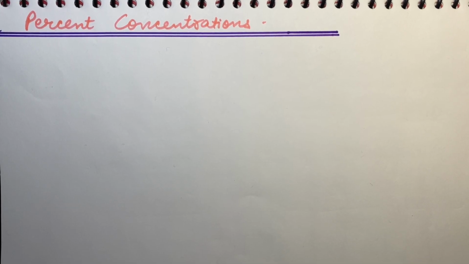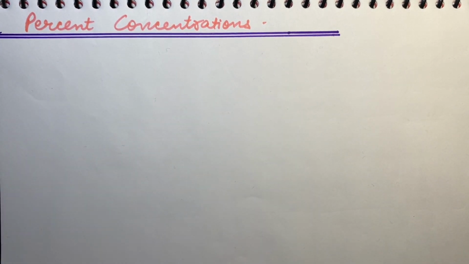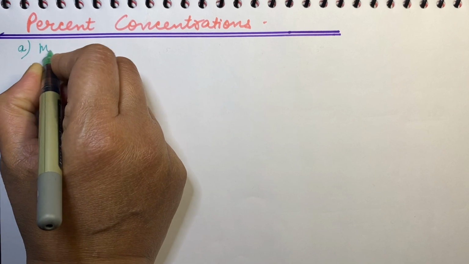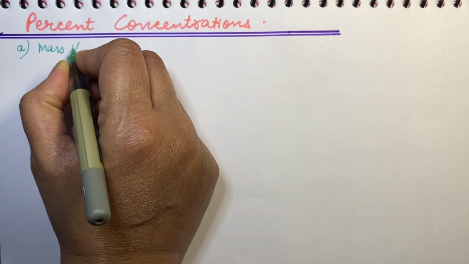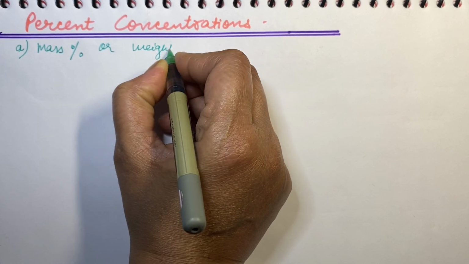Understand what is percent concentration. Now percent concentration means anything which we are representing in terms of percent. So how can we represent it? The first one is called mass percent, or you can say weight percent.